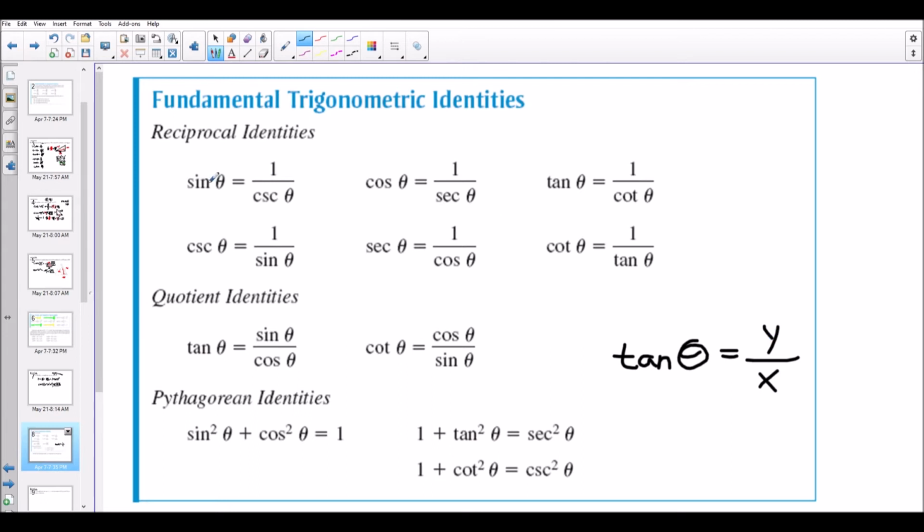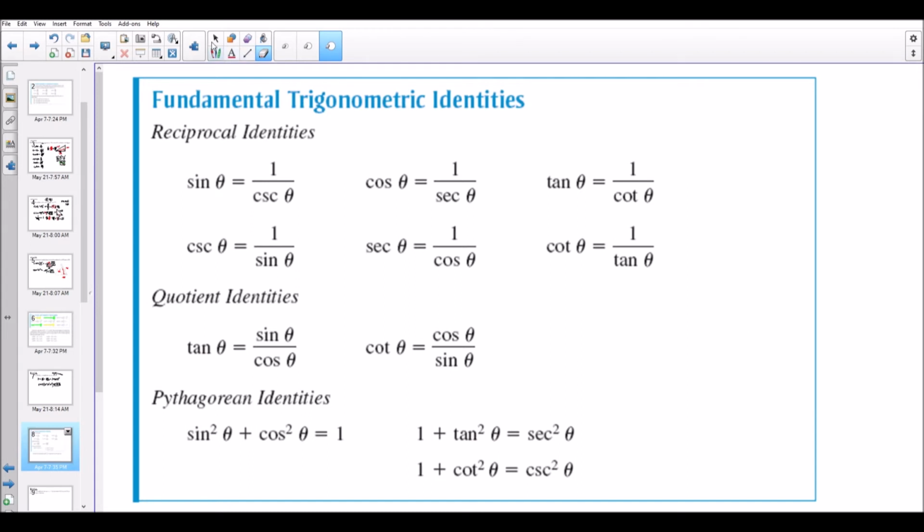And since the sine of theta is equal to y and the cosine of theta is equal to x, you can substitute for y and x right here and get the sine of theta over cosine theta. So tangent is equal to sine over cosine. The same kind of substitutionary method can be used to figure out what the cotangent is. Since cotangent is x over y, you put cosine in for x and sine in for y, and you get this relationship that's formed here.